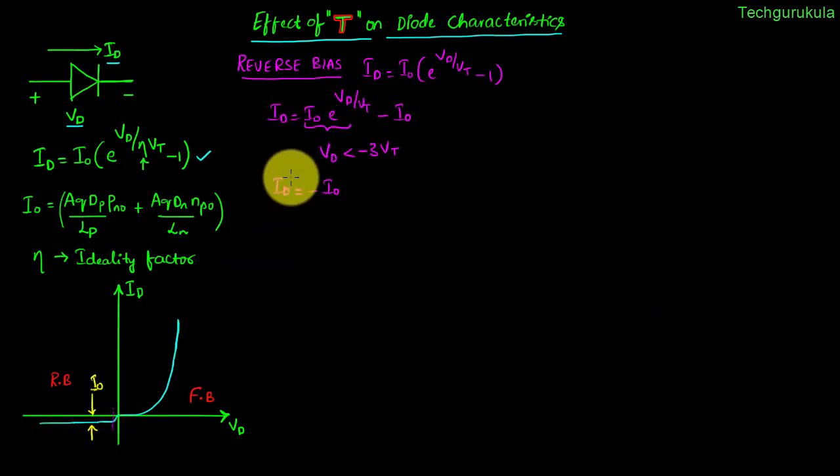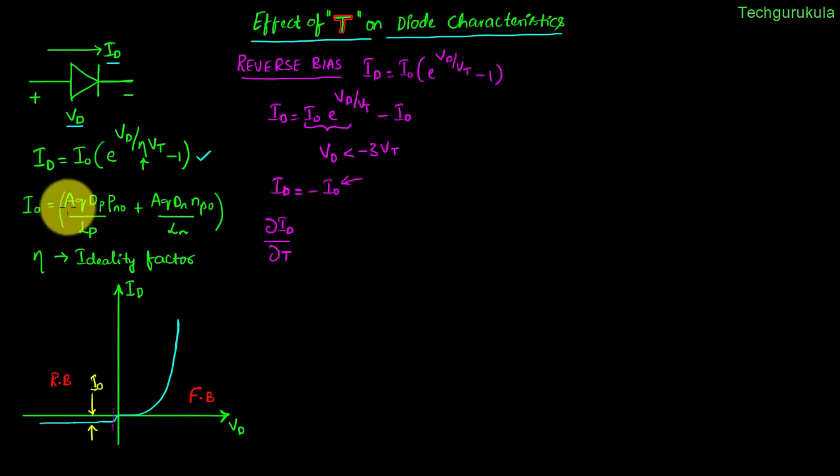Now our intention is to find how the diode current in reverse bias is impacted by temperature. In order to find that, we need to find del ID over del T, where T is the temperature. To find that value, we need to first understand what I0 is.